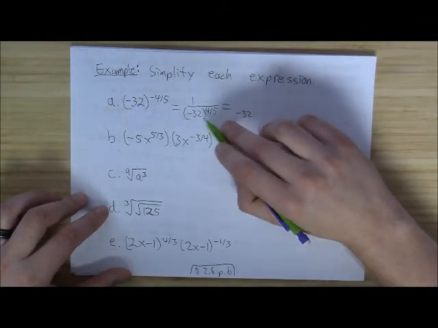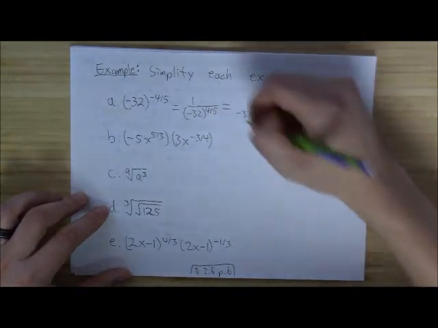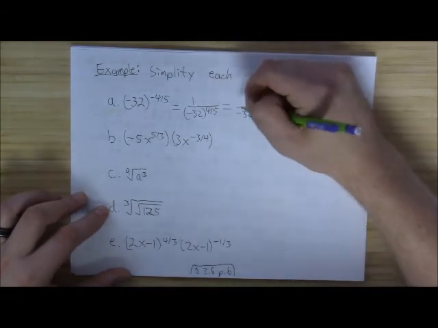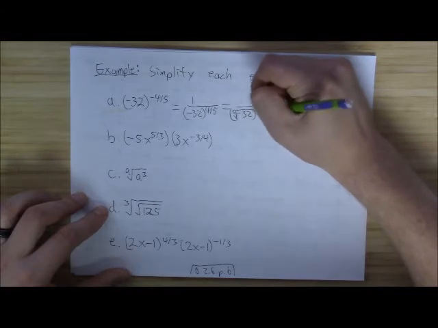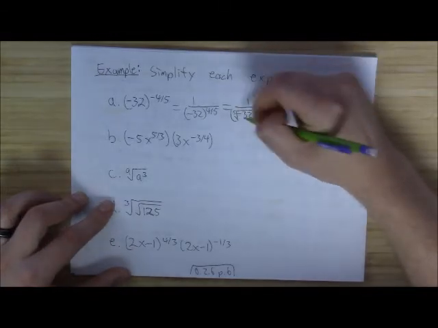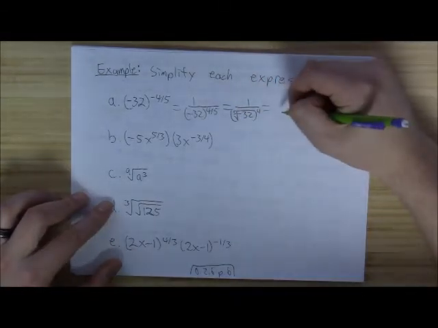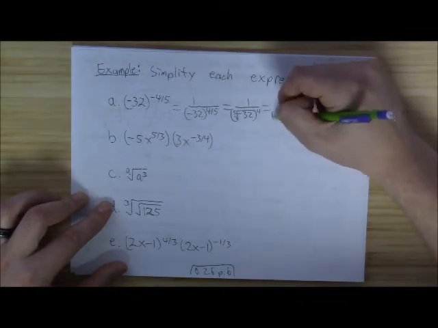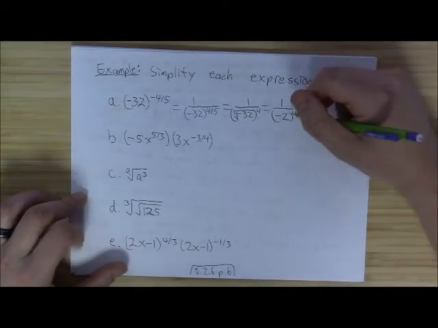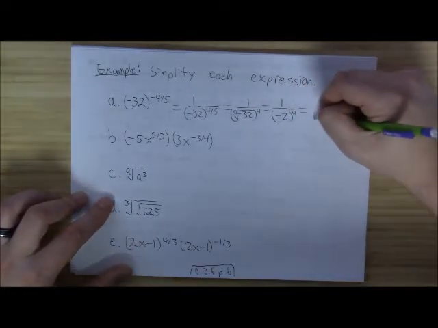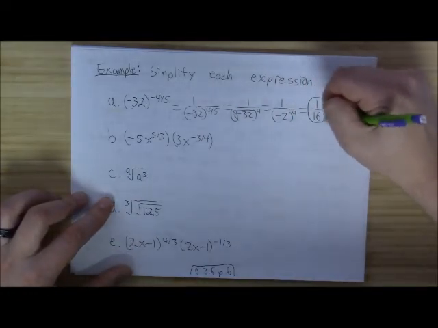I'm going to take the root first to make it simpler because that'll be easier to compute the exponent. So if we take the 5th root of negative 32, then raise it to the 4th power. The 5th root of negative 32 you can calculate to be negative 2. And negative 2 to the 4th is going to give me a 16. So we get 1/16 as our answer.